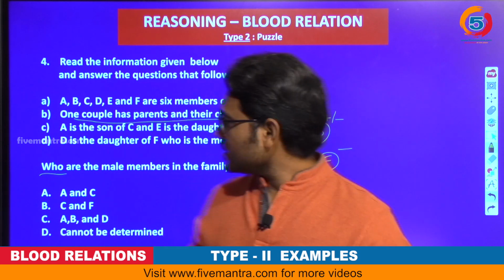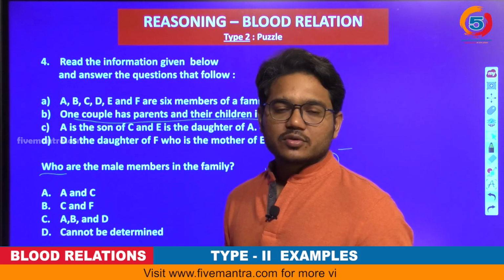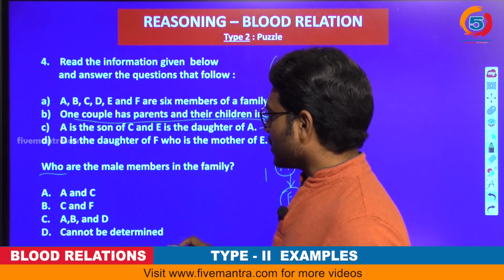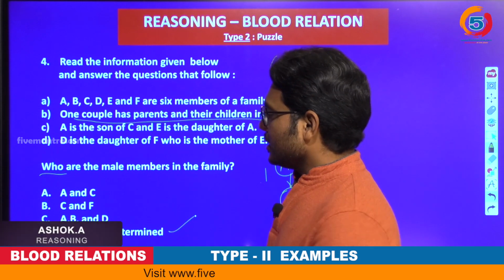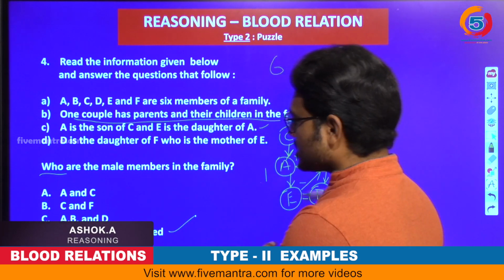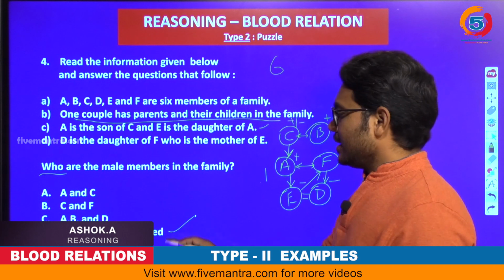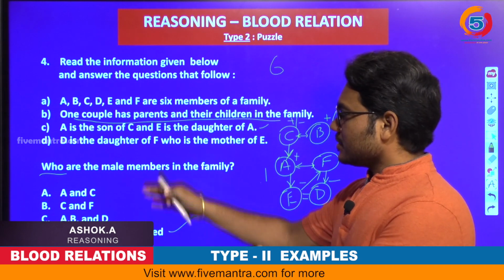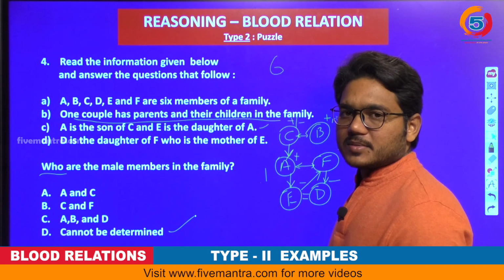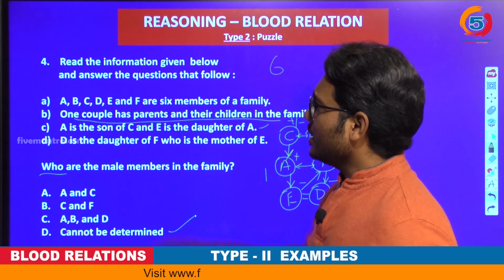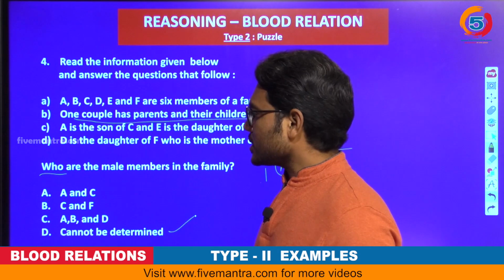But here it is asked who the male members are, so we cannot answer that. So it cannot be determined easily. You can understand from this chart and these options, we cannot determine who the male members are in this family. Okay, so going further ahead, some extending questions are given here.